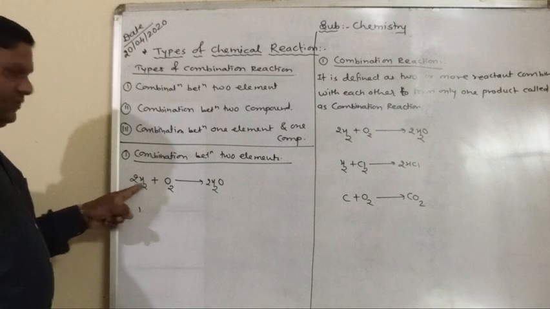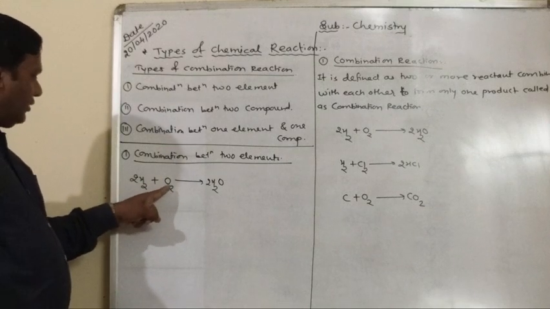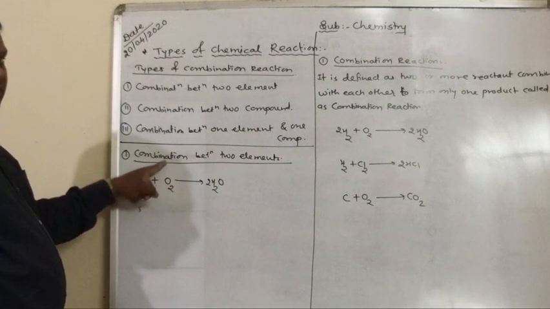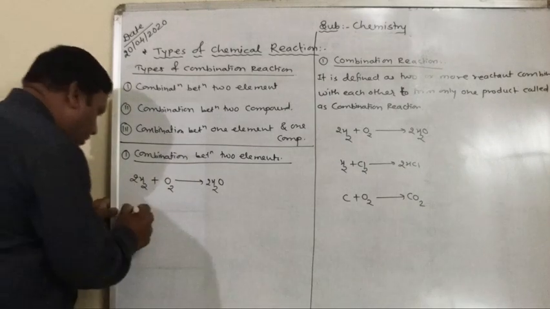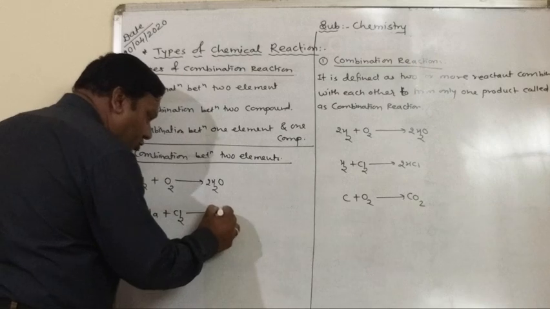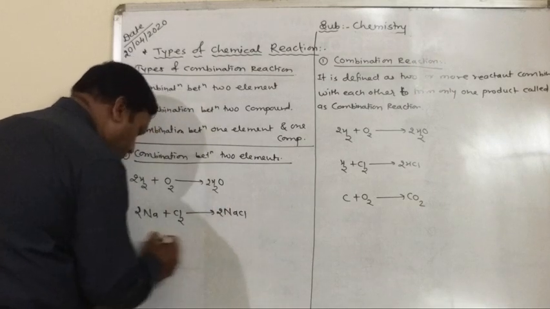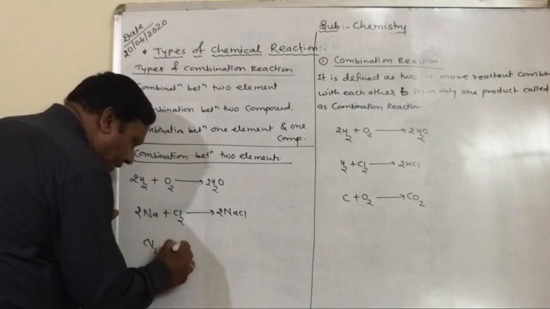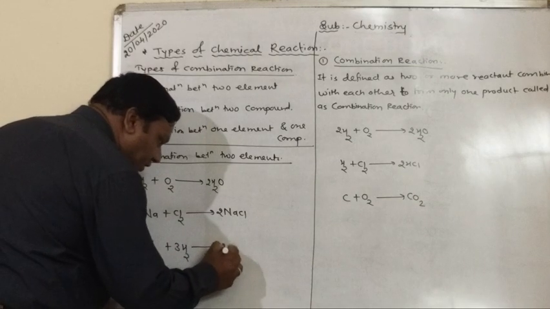Hydrogen is an element, O2 is also an element. Now the atomicity of oxygen is 2, therefore we write O2. Suppose sodium reacts with chlorine, you will get sodium chloride. Nitrogen reacts with hydrogen to get ammonia.